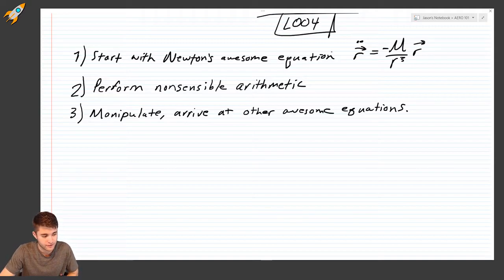I don't know why I keep saying nonsensible. There's a better word for it, because it is sensible. Obviously, it's sensible because it helps with arriving at the equation that you want.